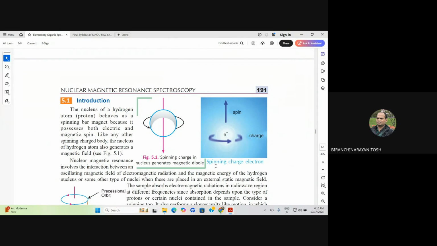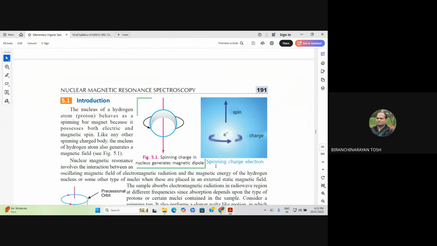So when an external magnetic field is applied, this magnetic field of the proton will make resonance with the external magnetic field. That is the principle behind nuclear magnetic resonance.